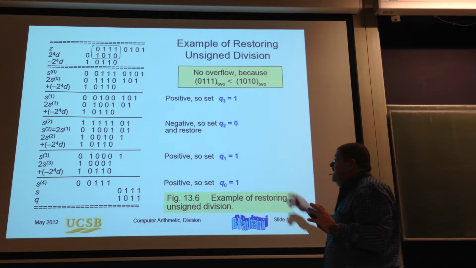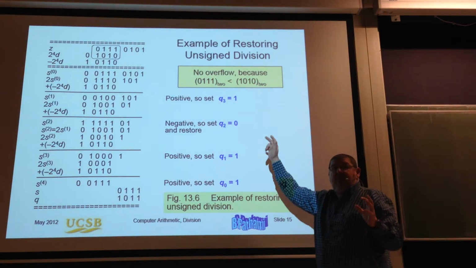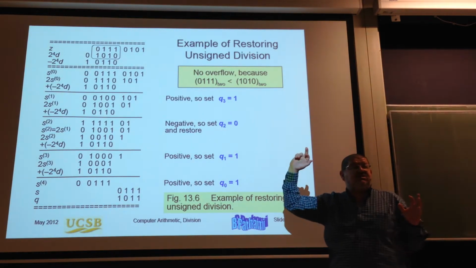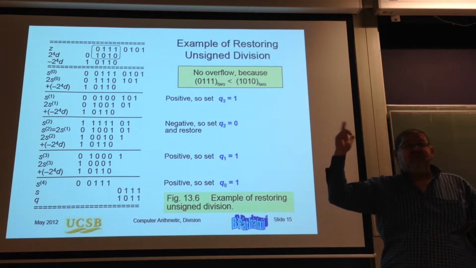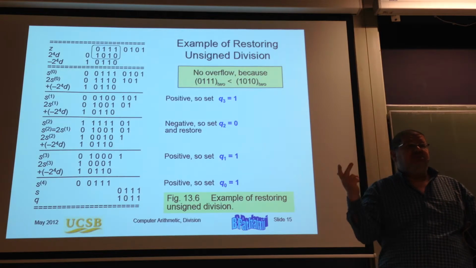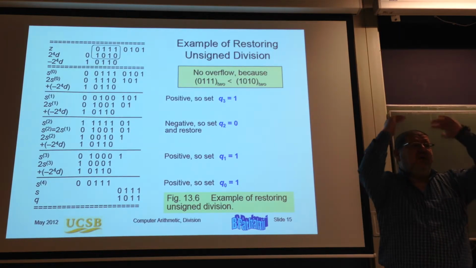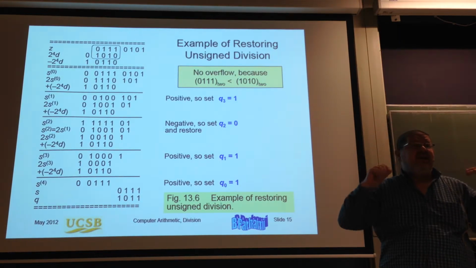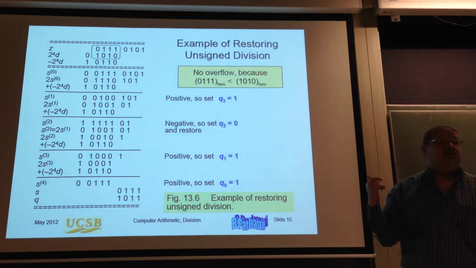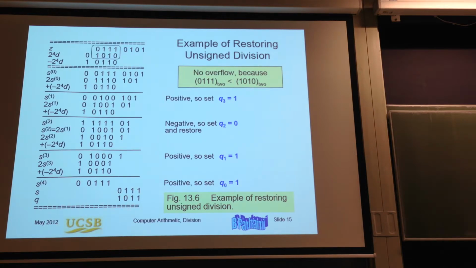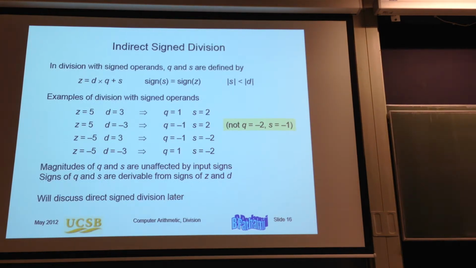I'm always doing a subtraction, each and every cycle an addition, and then checking the result of the addition. When positive, I report a 1 and update the result. When negative, I report a 0, and I shift the previous remainder for the next iteration.